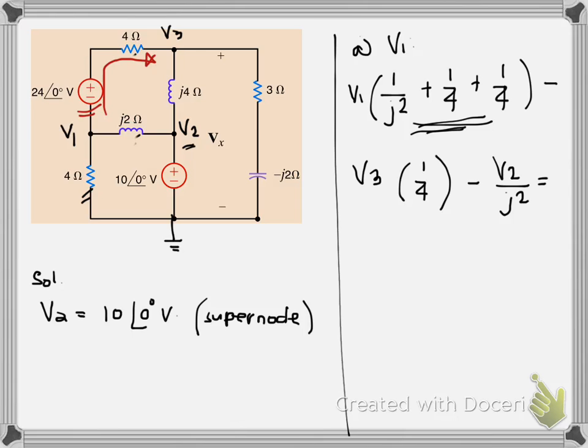Since it is going out of V1, the right side of the equation is minus 24 over 4.